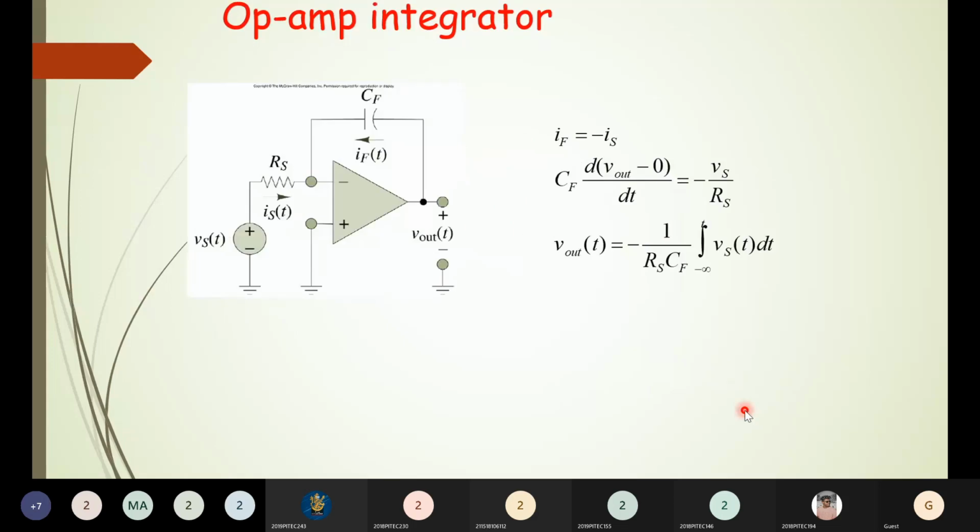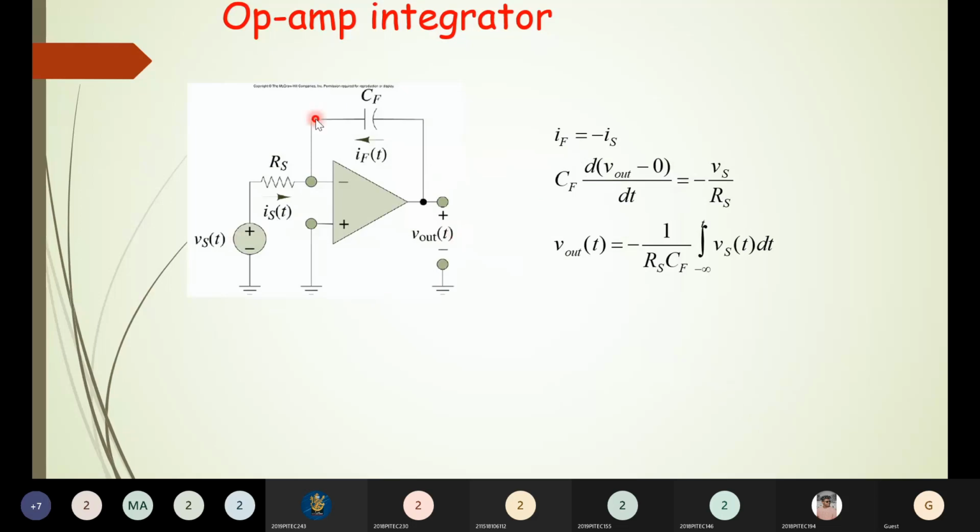Okay, so the next application of op-amp is the integrator. How to use an op-amp as an integrator? An op-amp can be used as an integrator by connecting a capacitor in the feedback path. So this is my feedback path.